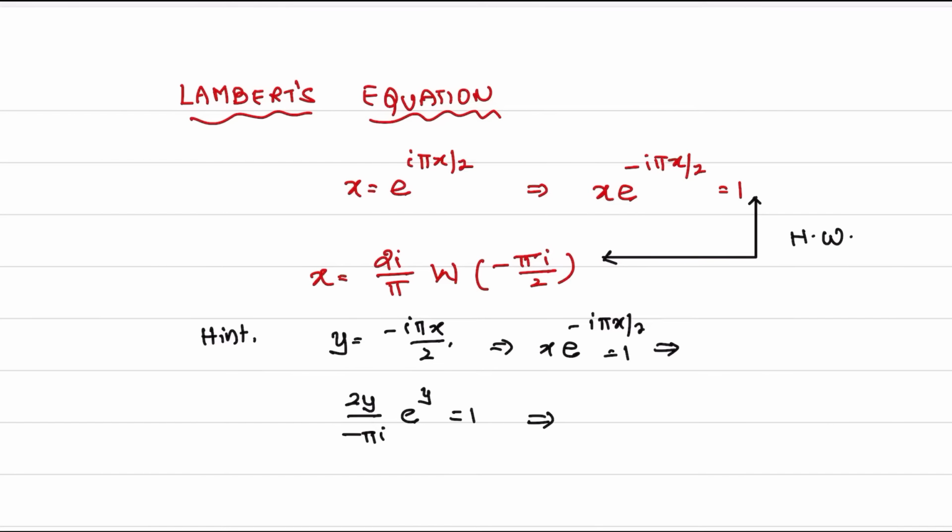That implies y into e to the power of y is equal to minus i pi by 2.